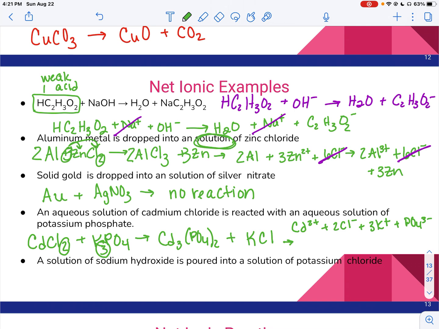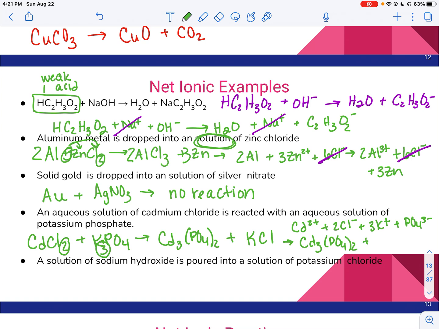So then here, we know that KCl is going to break up. So we're going to assume that the cadmium phosphate doesn't break up, because if not, then we would have nothing here. So we're just going to assume, because we have no other information, that this doesn't break apart.